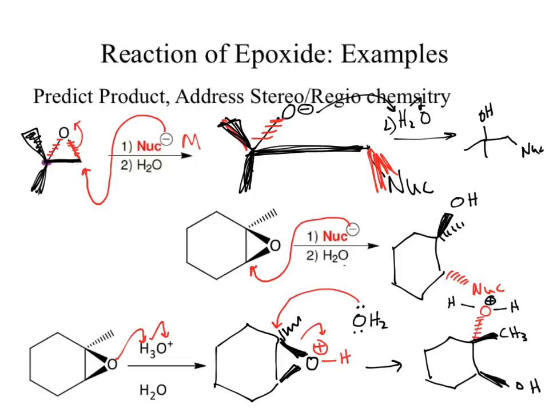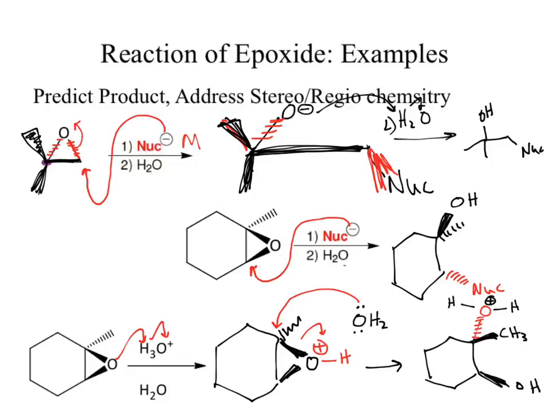So our acid catalyzed mechanism is a little bit different than our base catalyzed, and it's because we now have that really good leaving group, which changes the chemistry of those carbons. In our base catalyzed reaction, what we were looking at is the strength of the nucleophile dominating our reaction. When we look at the acid catalyzed reaction, we're looking at the strength of the leaving group contributing to the overall product. Okay? So we have to be aware of the overall reaction conditions on which one pushes which chemistry.